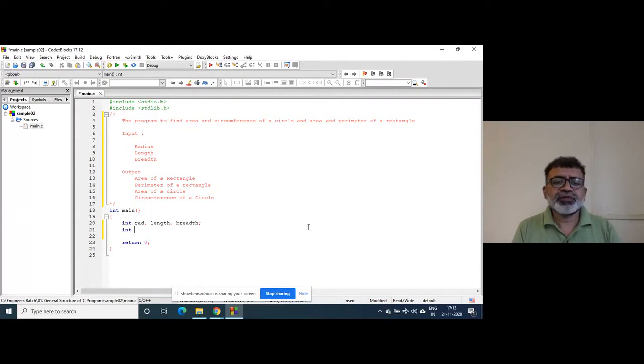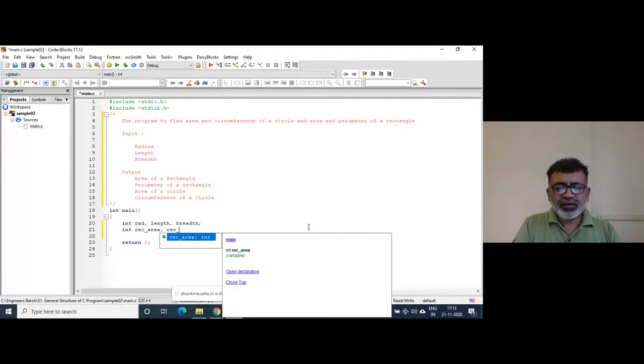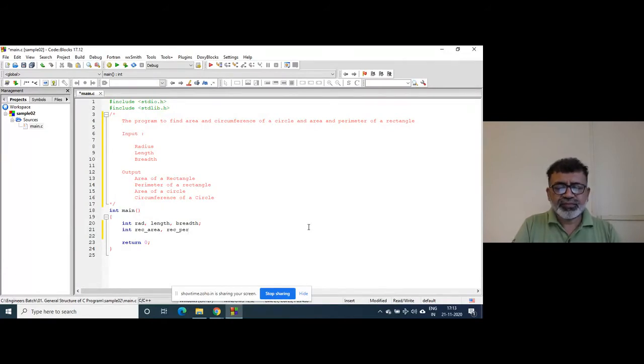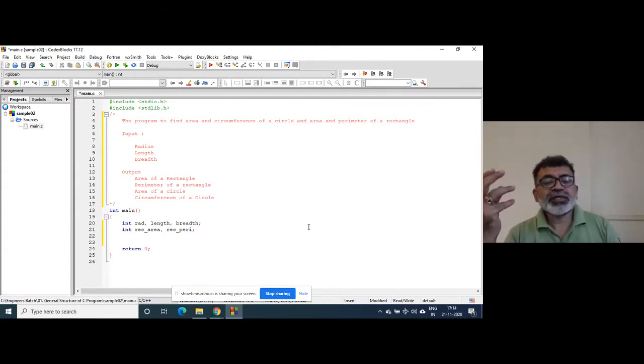Variable names should be meaningful. So I will write rec underscore area, underscore is allowed, and rec underscore peri, right? And as far as the area of a circle and the circumference of a circle are concerned, these are going to be floating point values.